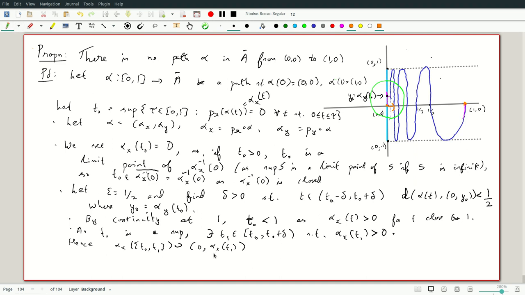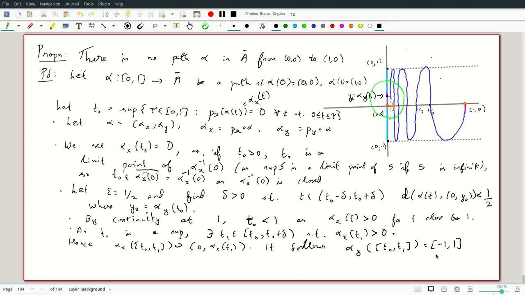By definition of the topologist's sine curve, this is a calculation we'll skip, you look at sine of 1 over x, and it follows that alpha y of t0 t1 is actually all of minus 1 to 1, because given any point you can find its image in sine of x.